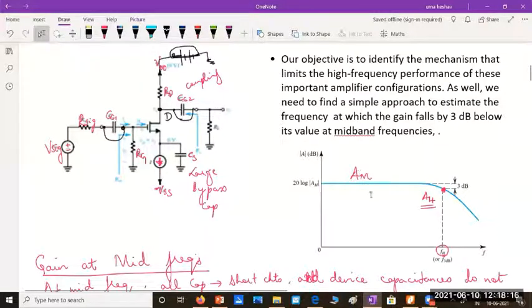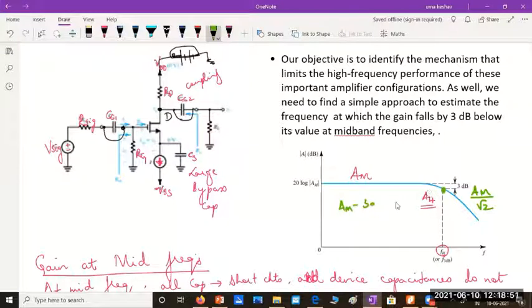Or in terms of decibels, if this value is 3 decibels, in terms of actual value, this point will be max value by root 2. Remember, if this is AM and if this AM is not in decibels, then I'll have AM by root 2 at this cutoff frequency, and if at all this is in decibels, I will have AM minus 3 dB at the cutoff frequency.